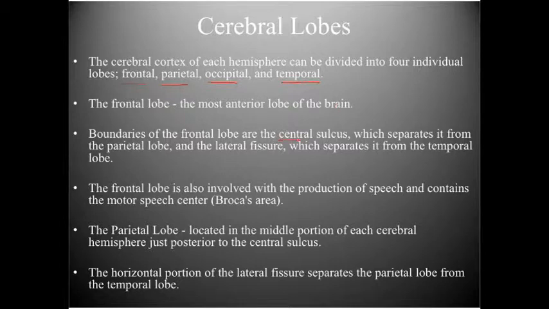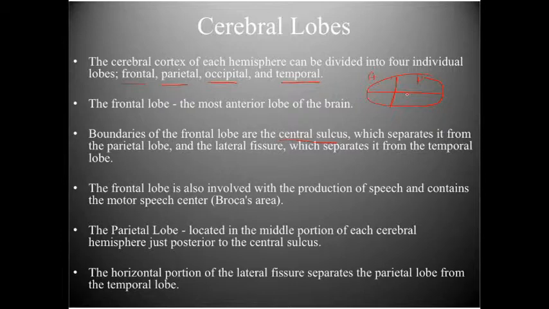So know that the central sulcus is going to be running, if we draw a brain and we're looking down on it, and this would be the longitudinal fissure, then this is the central sulcus, dividing it into anterior and posterior portions.